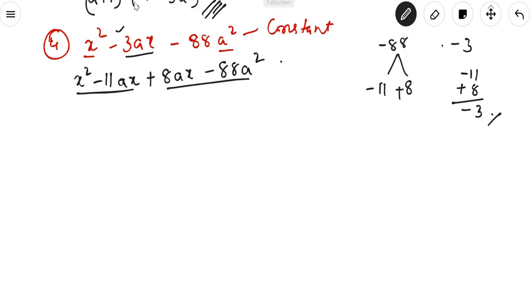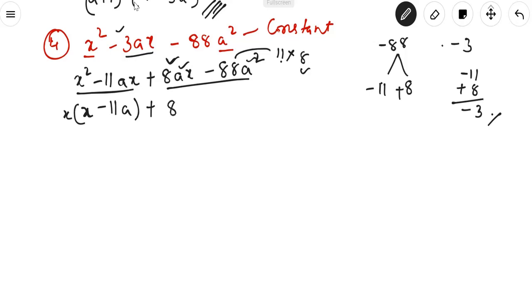So what is common here? Only x is common. If I take x outside, what is left? X minus 11a. Plus, in this again, what is common? 8. I can take 8 common here because this one is 11 into 8. So 8 and this 8 I can take common, and one more a also I can take common here.